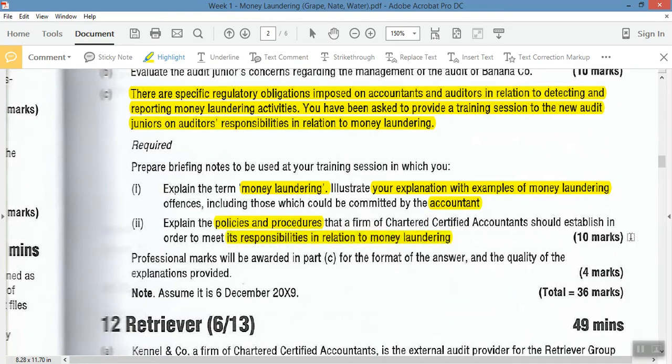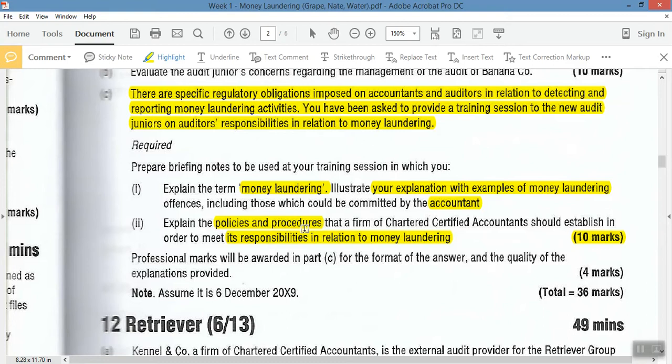So now the problem is you have 10 marks. For the money laundering explanation, I told you 1 mark, so we have 9 marks left. And then for policy and procedure, the second part, you only have 4 components. So how are you going to allocate?